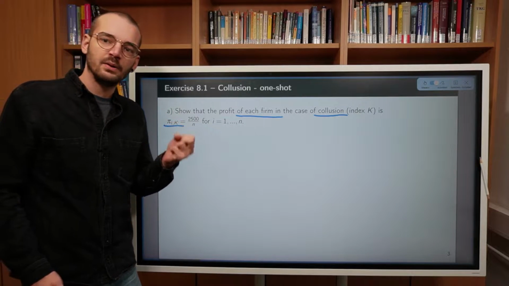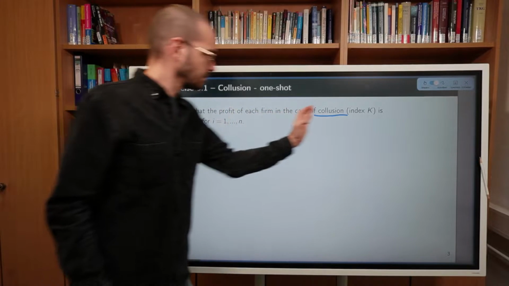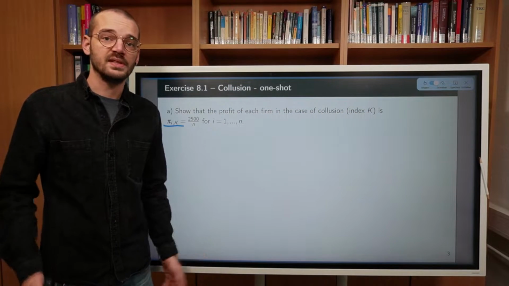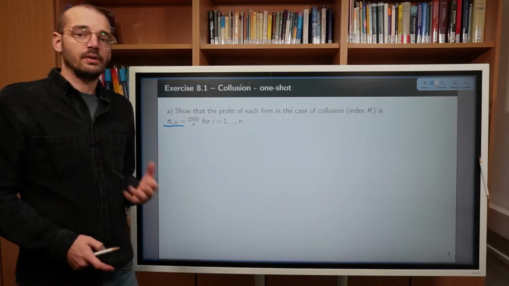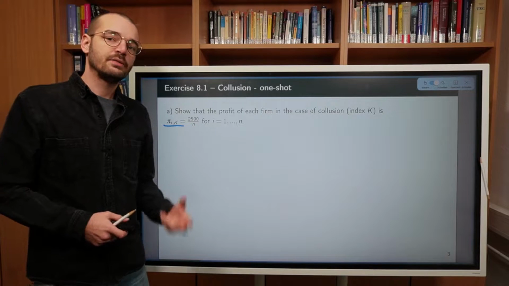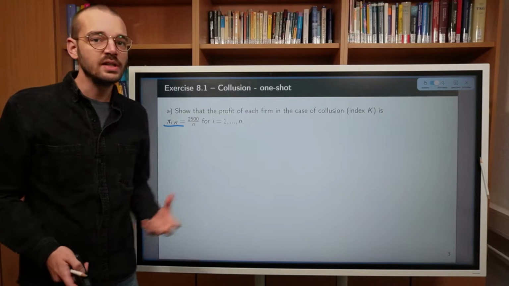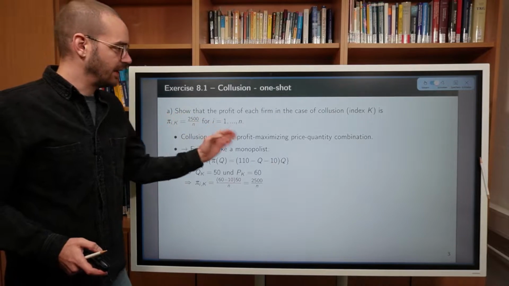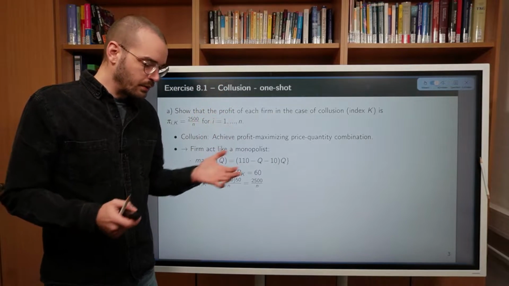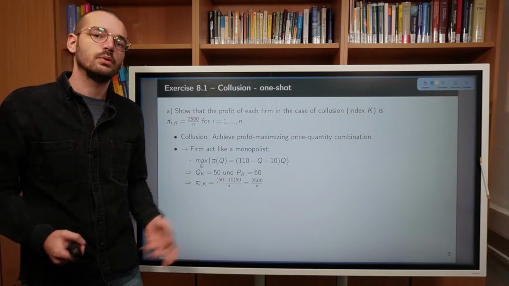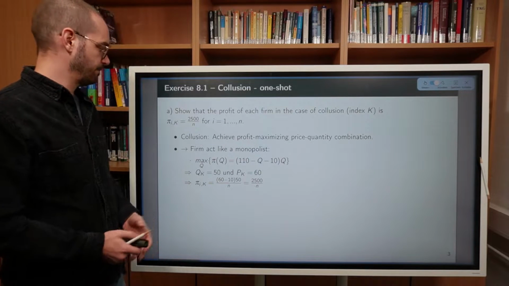Well, we already hinted at how we calculate the profits of the firms under collusion. We already said collusive behavior means that by assumption firms maximize their joint profits. And what that then means is, of course, all firms together behave as if there were one single monopolist.